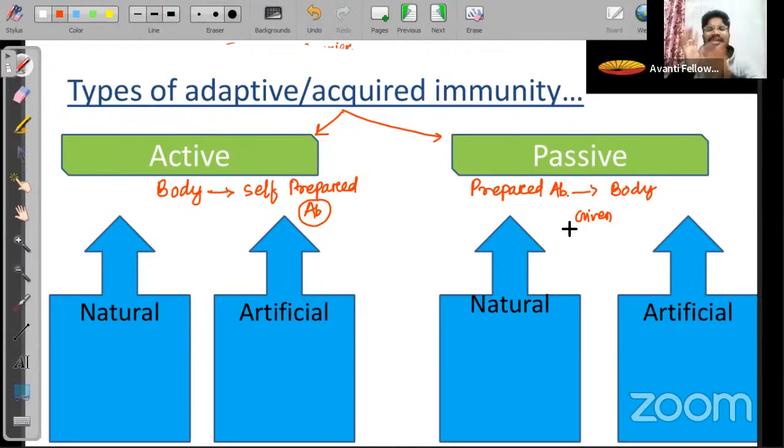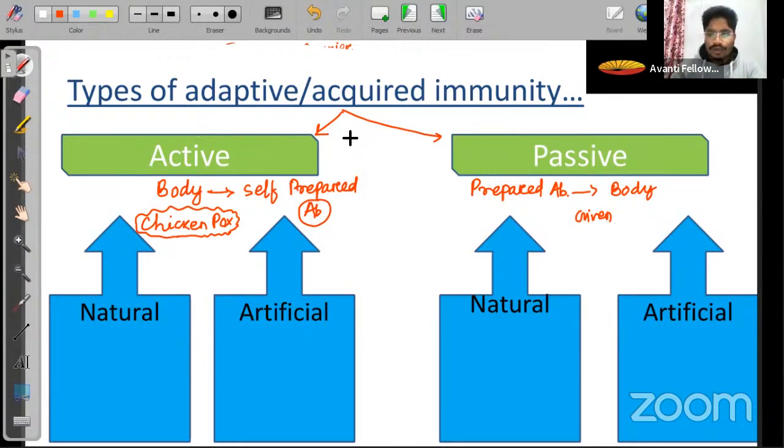Now, let's take a simple example. In active immunity, suppose you are affected by chicken pox. Is there any medicine to treat chicken pox? Ignore the vaccine part. Suppose you got chicken pox; ignoring the vaccine, is there any medicine to treat chicken pox?